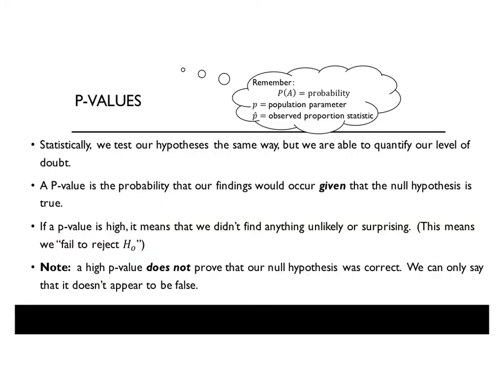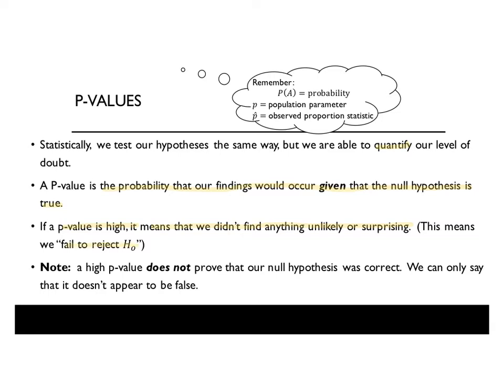So statistically, we test our hypotheses the same way, but we are able to quantify our level of doubt. A p-value is the probability that our findings would occur given that the null hypothesis is true. If the p is high, it means we didn't find anything unlikely or surprising, meaning we failed to reject the H0.